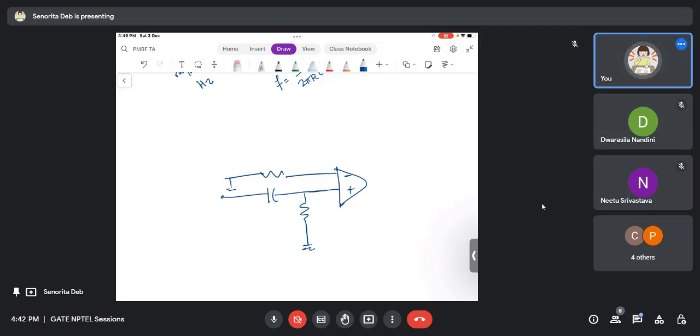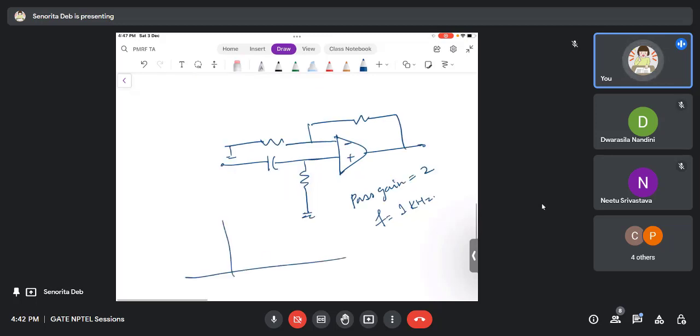Now this is what? High pass filter, right? But the pass band gain is the same, 2, and the omega is also the same. Whatever you are getting, say 1k, so f is equal to 1 kilohertz. So in this case, your output will be in this manner and this will be 1 kilohertz.